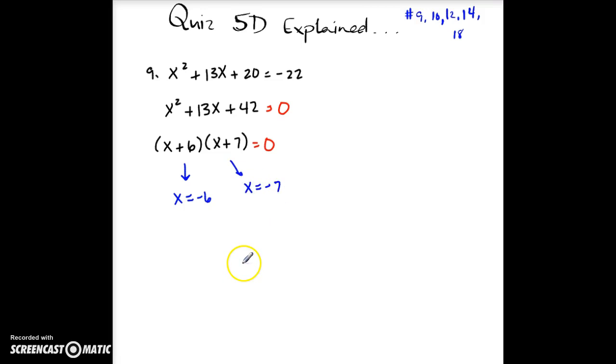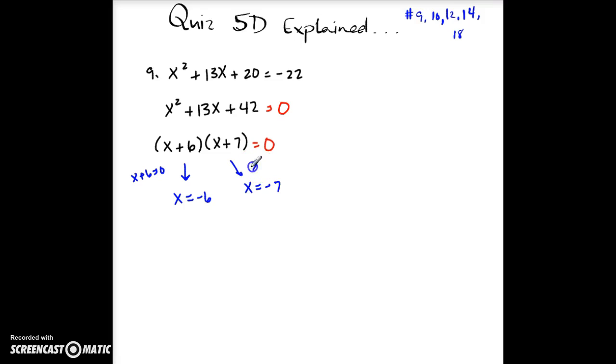So remember, we talked about this before with the idea that if I have two items that are multiplied to each other and they equal 0, then either the first part is equal to 0 or the second part is equal to 0. Well, if this first part is equal to 0, we just simply say x plus 6 equals 0, and when we do that, we get that x would be negative 6 in that case.